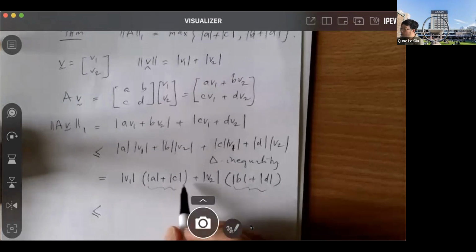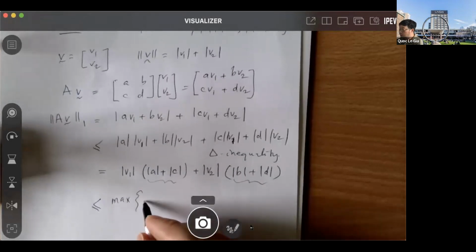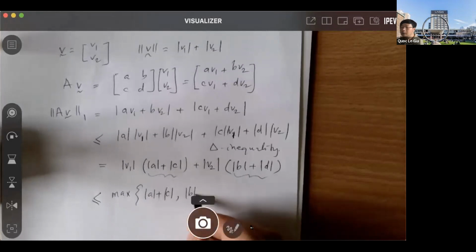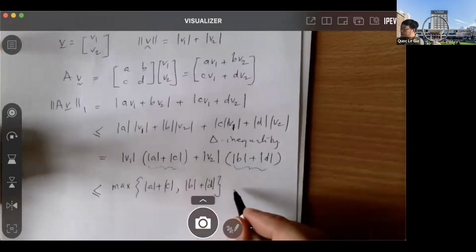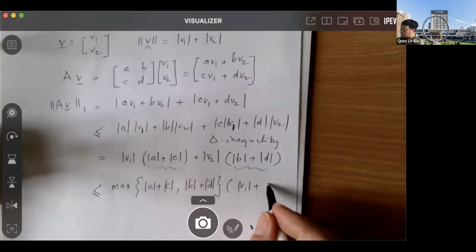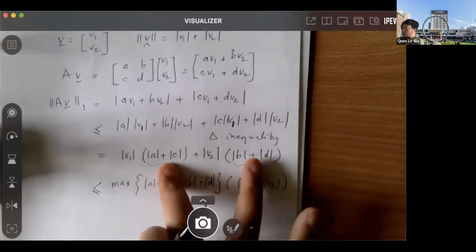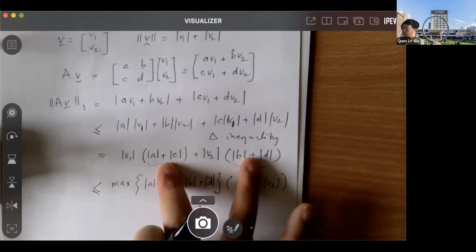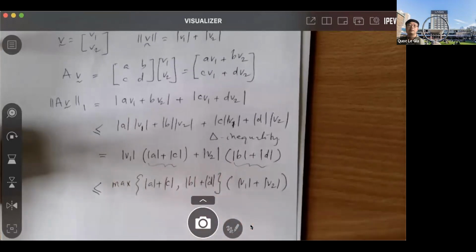So I just write the maximum of the two terms: max of the absolute value of A plus C, and the absolute value of B plus D. Then what is left is just V1 absolute value plus V2 absolute value. So suppose one of them is bigger, you take it to be the common term, then you can bound like this.